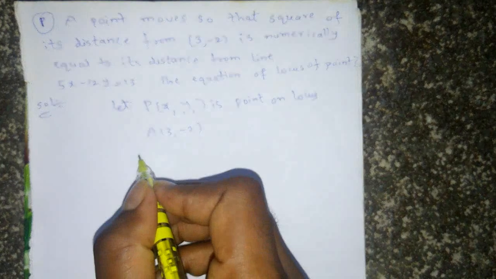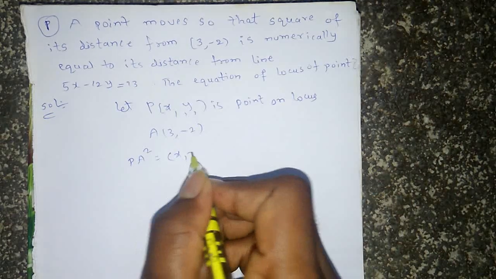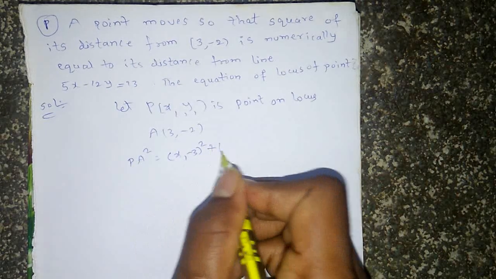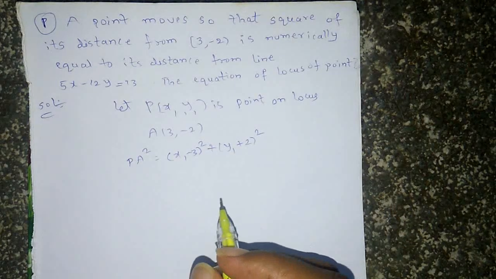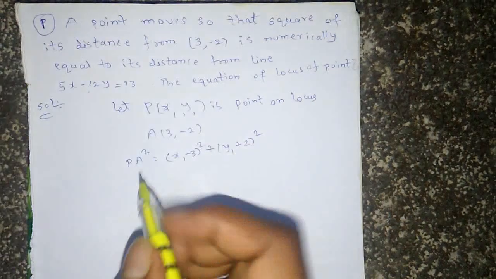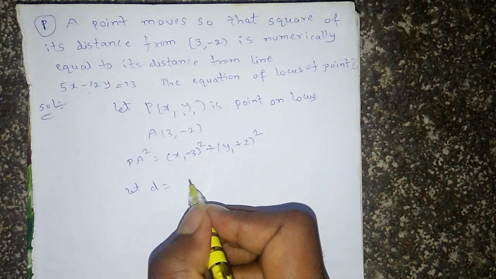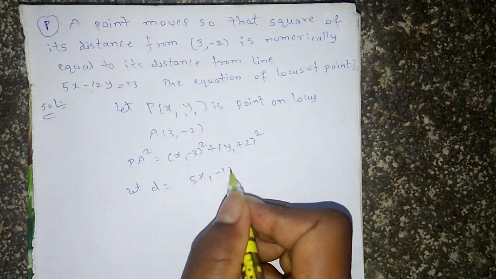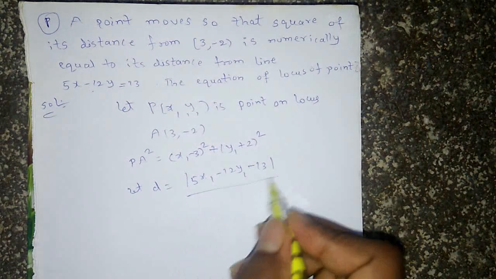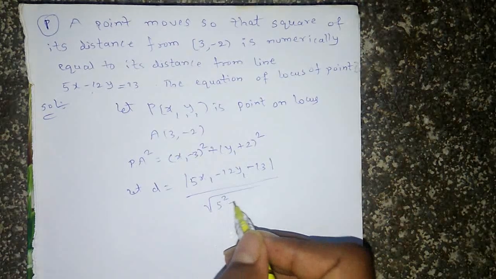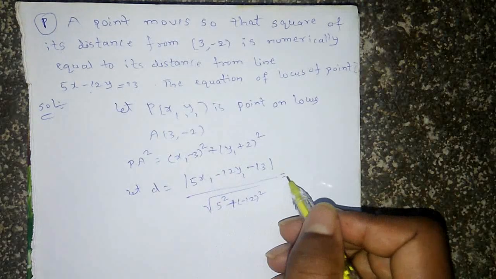Here, the square of its distance, PA squared, that is (x1 - 3)^2 + (y1 + 2)^2, is numerically equal to the distance of P from the line. Let it be d. Small d is equal to (5x1 - 12y1 - 13) divided by the square root of 5^2 + (-12)^2. This is the perpendicular distance from the point to the line.